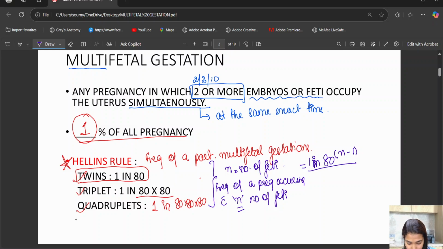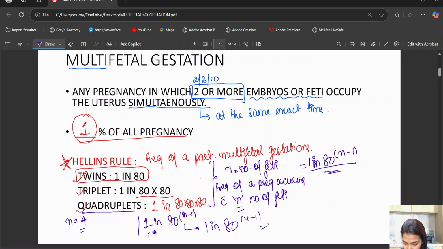Let's apply this here in quadruplets. n is 4 because there are 4 feti. So the frequency according to this formula will be 1 in 80 raised to the power n minus 1, which is 1 in 80 raised to the power 4 minus 1, which is 1 in 80 raised to the power 3.